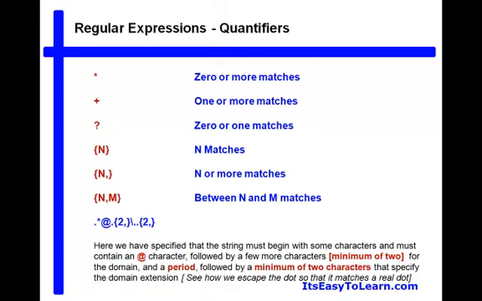Since a dot matches any character, to escape the actual meaning we say \. . So we need a minimum of one period, followed by a minimum of 2 characters that specify the domain extension, either .us or .com or .net or whatever. So this is the regular expression which we used in the email validation.